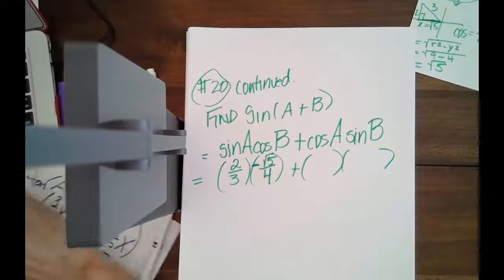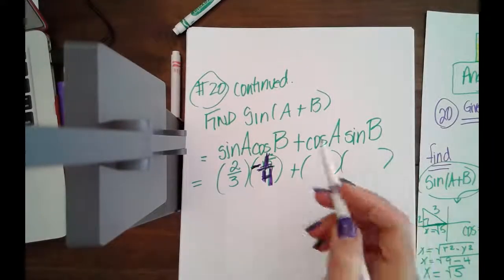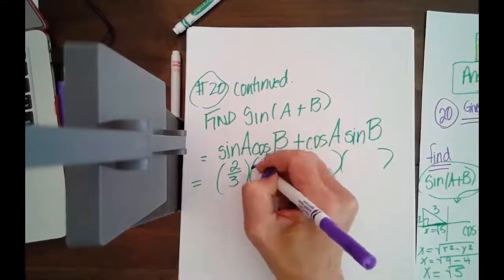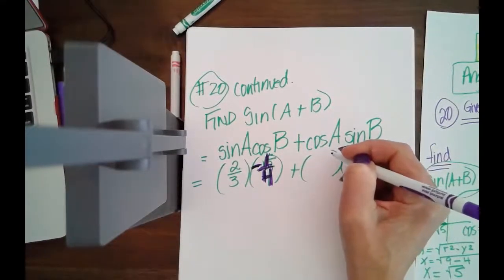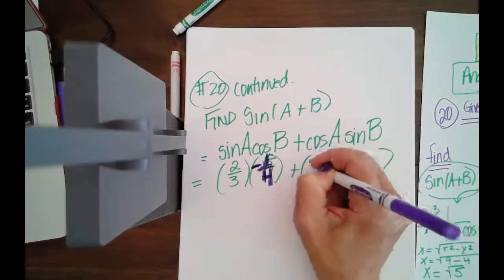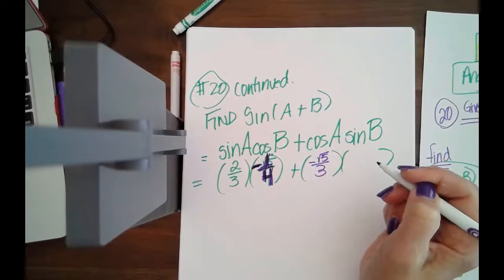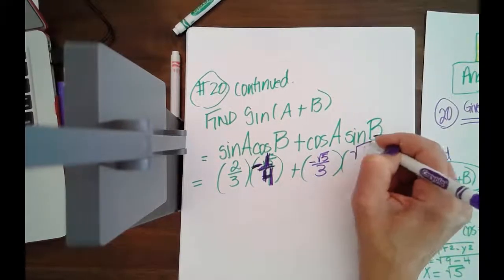Pause. Okay, I'm back. I see what I did. All right, so the cosine of beta is negative 1 over 4. The cosine of alpha is negative radical 5 over 3. And the sine of beta is radical 15 over 4.